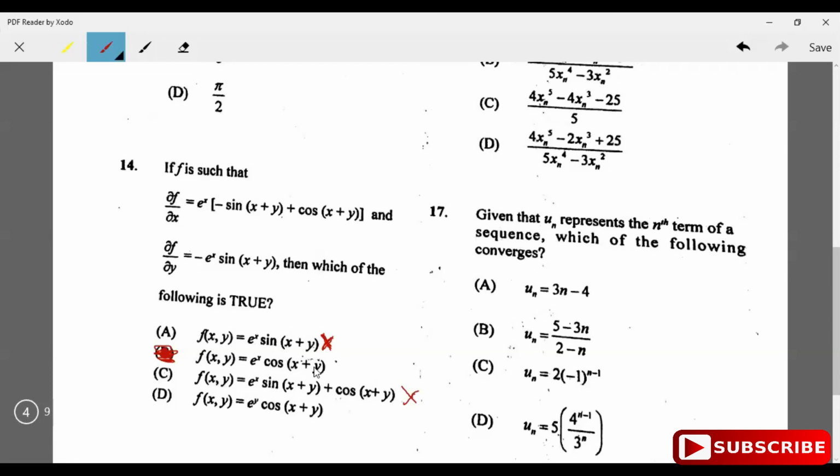So for dou f by dou x, you're going to have to use product rule. Call it fx.